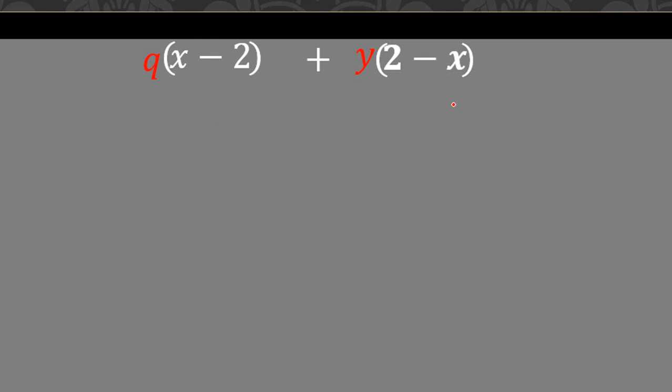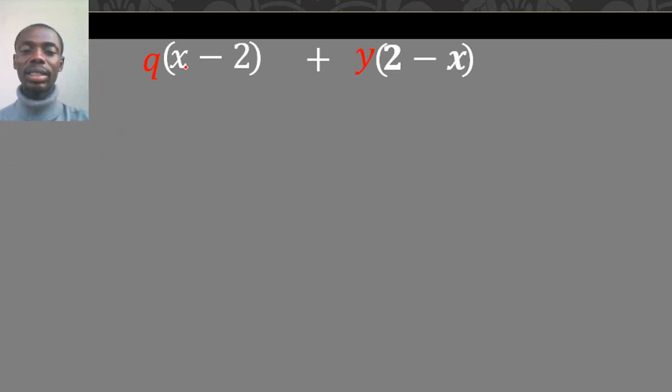So what do I want to do? The intention is I want to deal with x minus 2 and change it to its additive inverse here, 2 minus x. I will say that again. I want to change x minus 2 here and change it to 2 minus x here, because this is a direct additive inverse of one another, so that I will be able to have a common factor.